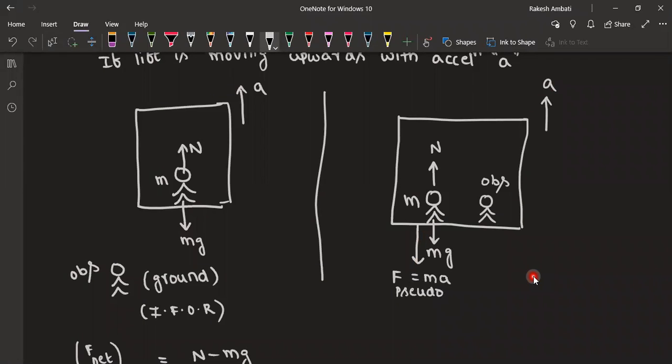In this case, the observer and the man are both in the same frame, in the same lift. So with respect to the observer, the man seems to be at rest. Correct? Why? Because both are in the same frame.